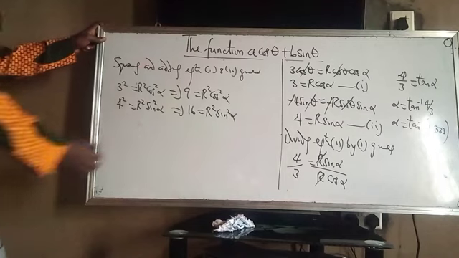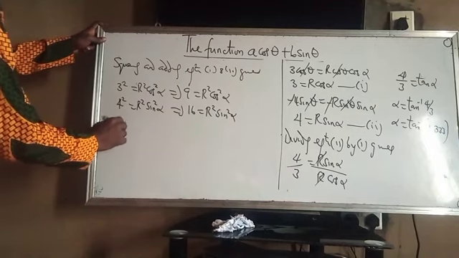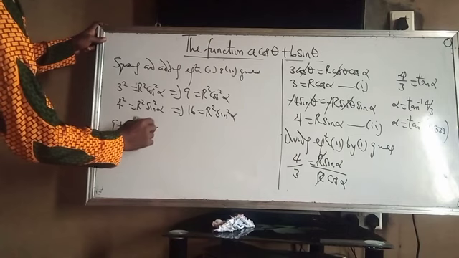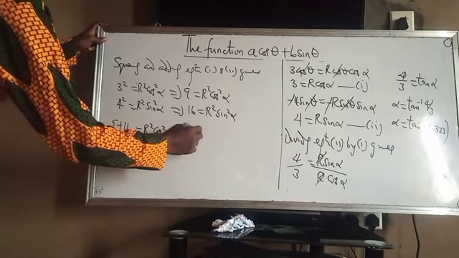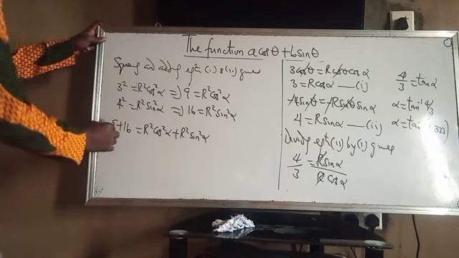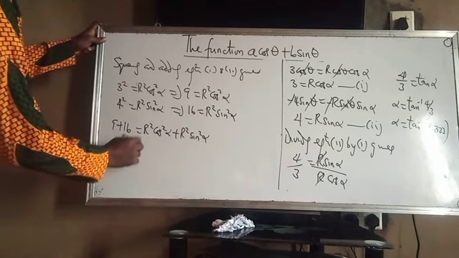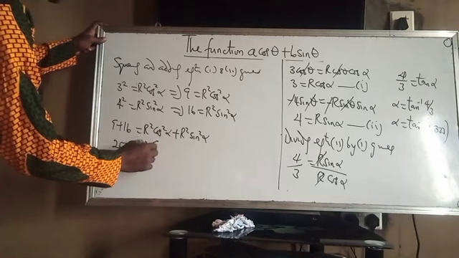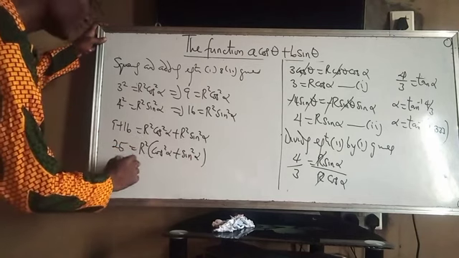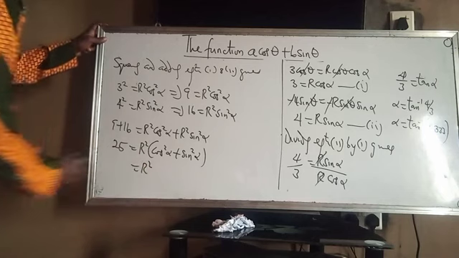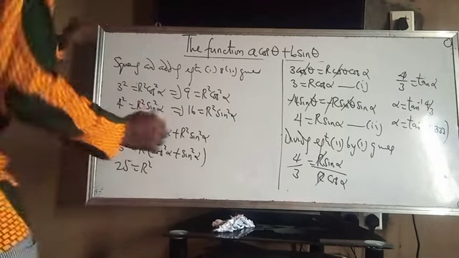So by the time you add both together, 9 plus 16 equals R squared cos squared alpha plus R squared sine squared alpha. That is 25 equals R squared times cos squared alpha plus sine squared alpha, which is R squared, because this equals 1.